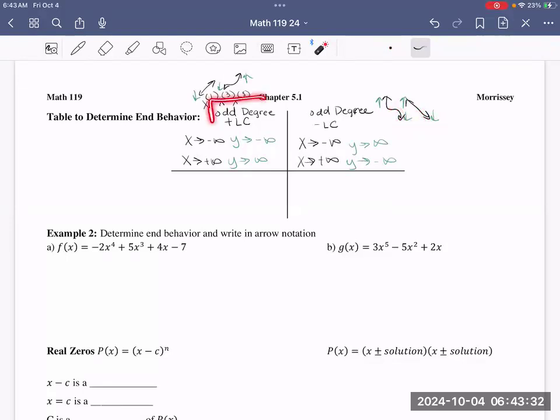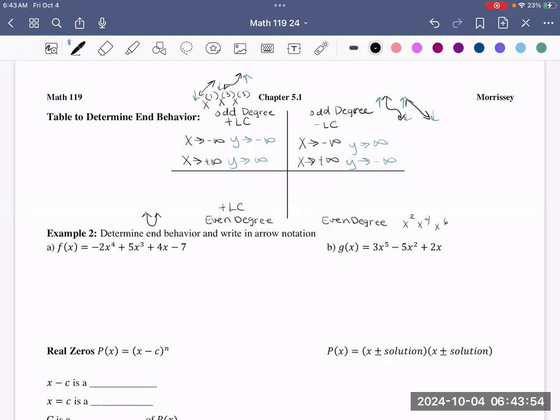Now, if we're not an odd degree, we are therefore an even degree. Things like x squared, x to the fourth, x to the sixth. So we're either these U-shaped graphs with a positive leading coefficient, or what we'll be seeing is this W shape at times.